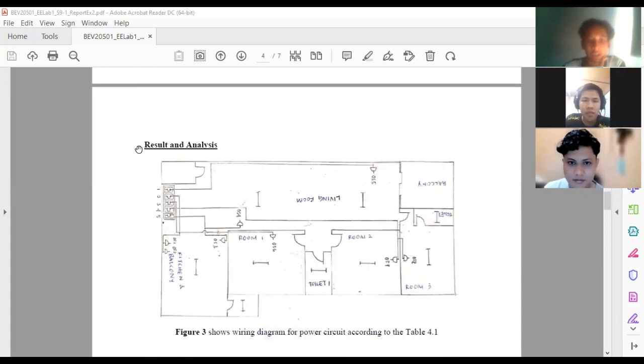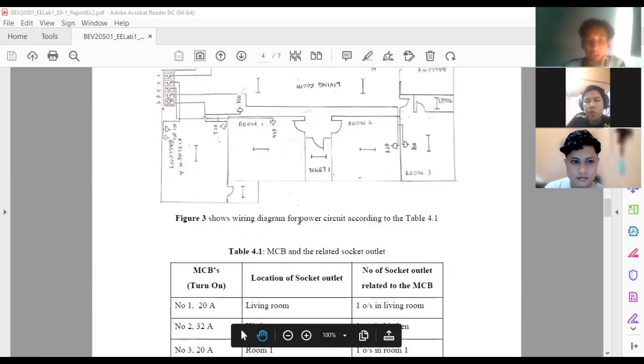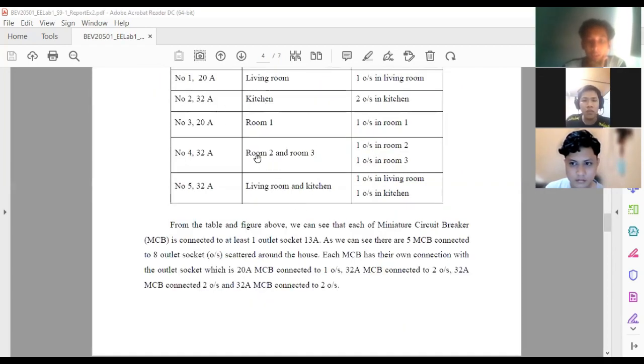So for the result and analysis, we can see figure 3 shows the diagram for wiring of the power circuit according to table 4.1. According to the table, there are 5 MCBs connected to 8 outlet circuits scattered around the house, where each MCB has its own connection with the outlet sockets. A 20 ampere MCB is connected to one outlet socket, while a 32 ampere MCB is connected to two outlet sockets.